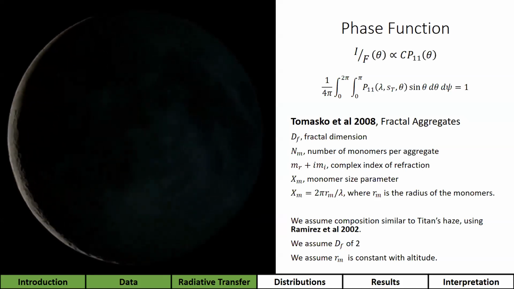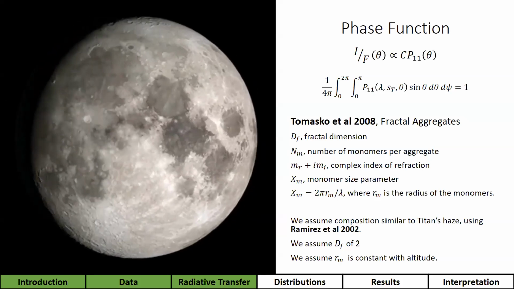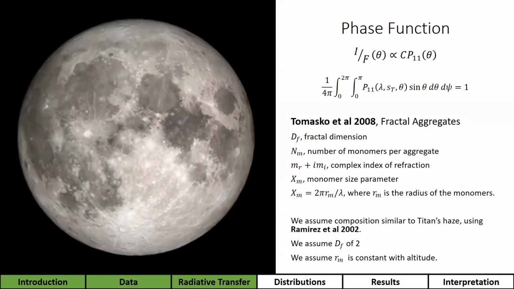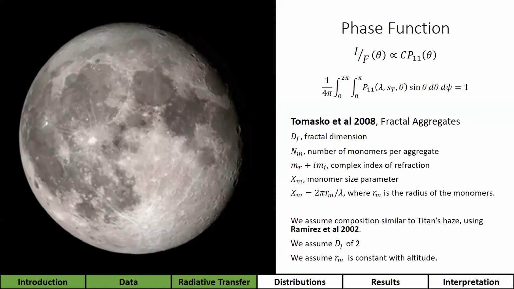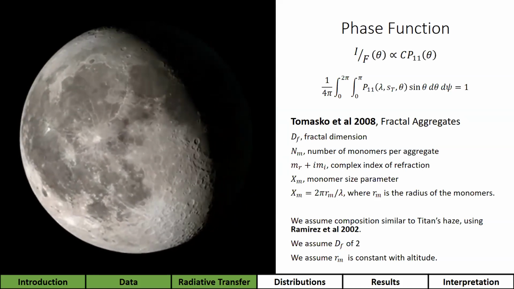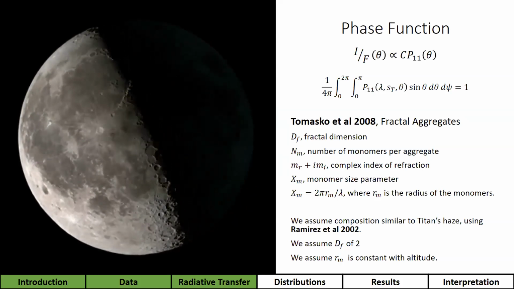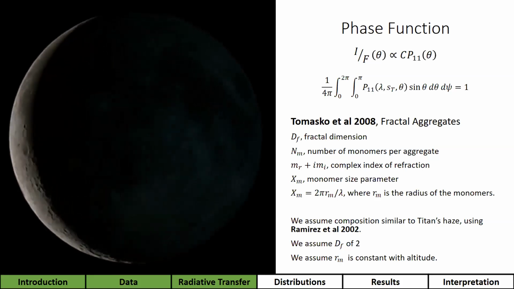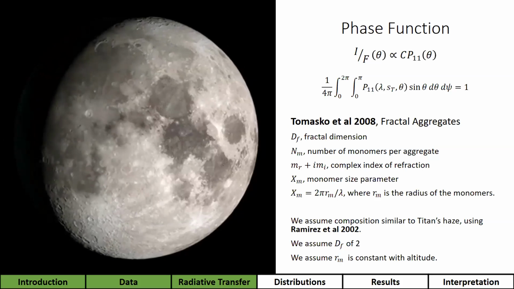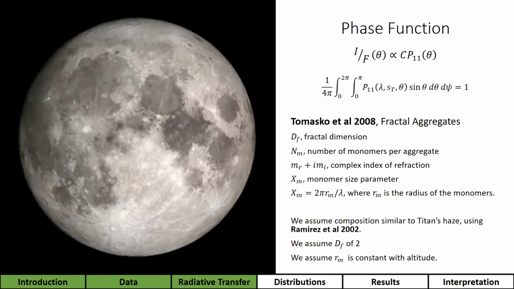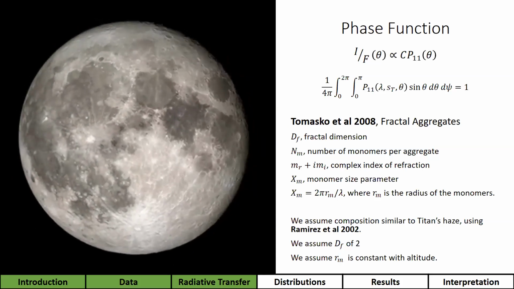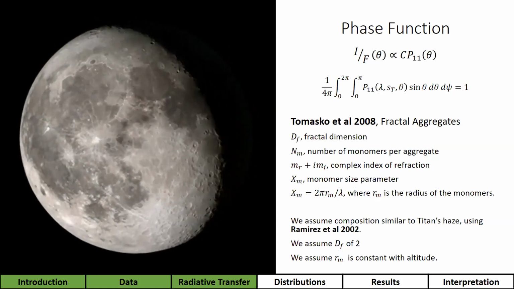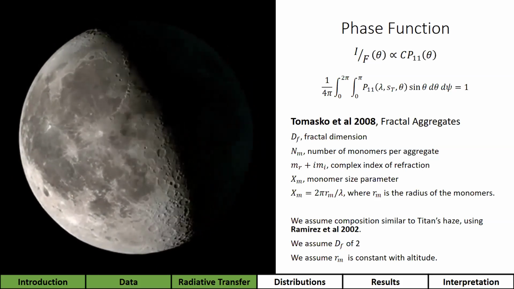This is the most widely tested and verified fractal dimension for this code and for most fractal aggregates. And then finally, we assume that the monomer size does not change with altitude. So while the aerosols themselves will continue to grow, the individual monomers that are formed high in the atmosphere by UV photolysis, once those form, those don't change. Okay.